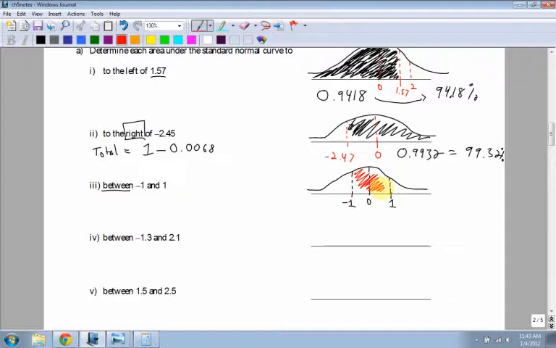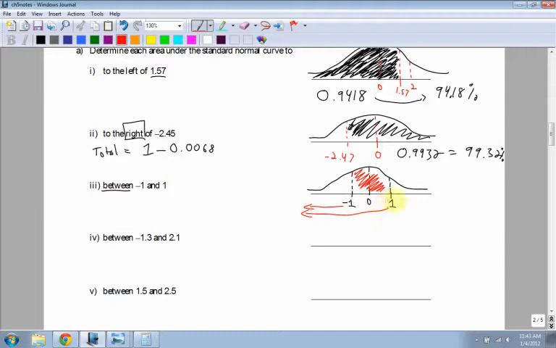The way to find that, again, the Z tables always give you the area to the left. If you take the area to the left of 1, you get all the area over there. If you take the area to the left of negative 1, you get all the area to the left of negative 1. I want just the area in between.